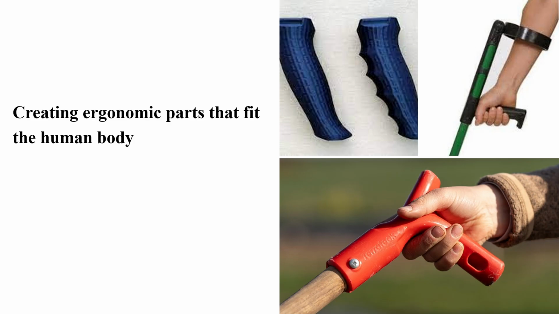Then, when our intention is to go for ergonomic parts, so what do ergonomic parts mean? These are the components or products which are mainly designed for human comfort. Okay. See here in the slide you can observe a gripper design. A gripper is mainly used to provide human comfort to hold things.